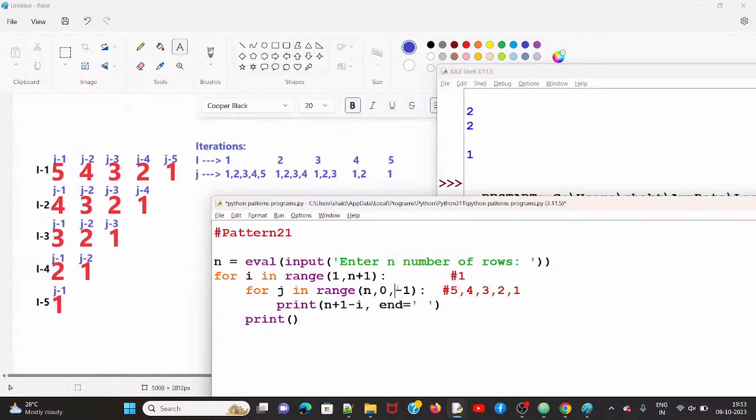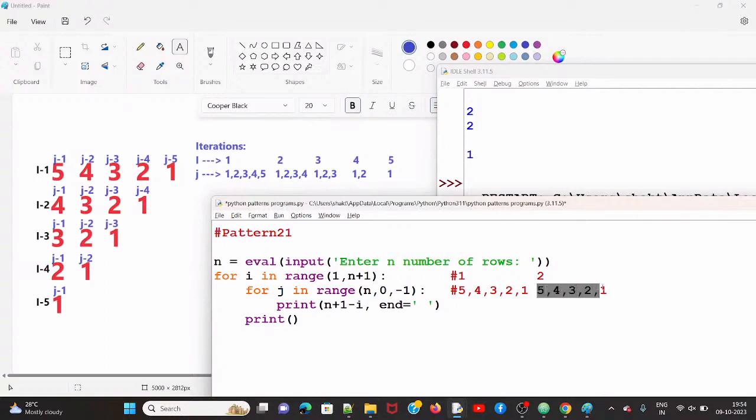Okay, decreasing 1, fine. But when i value is 2 also, what is coming now? Again the same, right? It's a fixed number, no changing here. n is the fixed number, 0 is fixed number. Again 5 4 3 2 1 comes again.